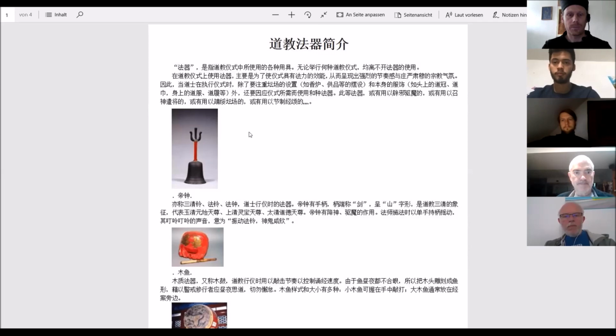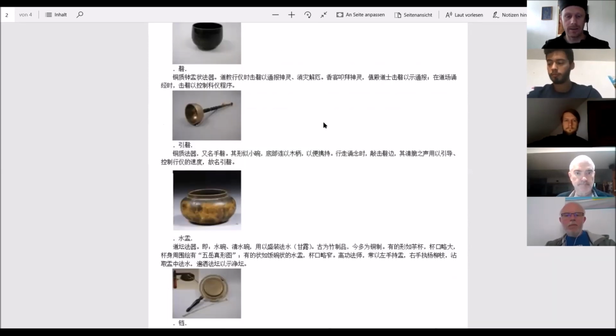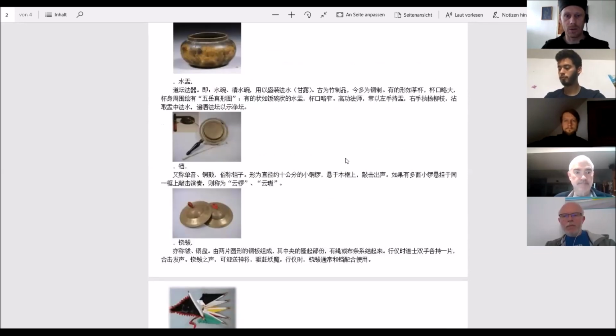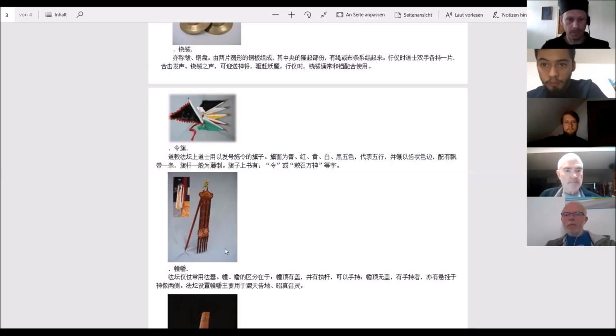All right, so let's go to the second part of the class today, the Fachi, or the artifacts, the Daoist tools we use for the ceremony. Here, the first is the Lingqi, the so-called Ling flag. I also prepared photos for you.